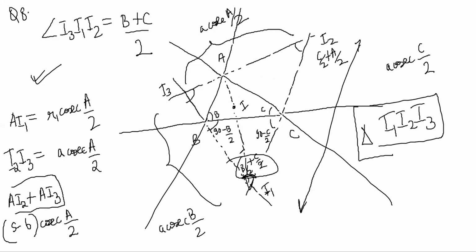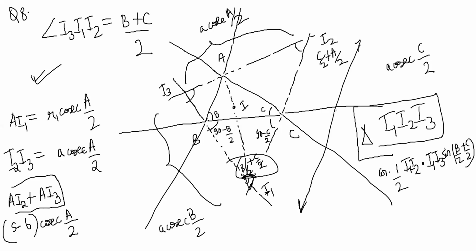See, area of triangle I1, I2, I3, right? All the sides you know, no? Now it is super easy. Just take area of triangle will be half I1, I2 multiplied by I1, I3 multiplied by sine of B by 2 plus C by 2, the included angle. So what is I1, I2?